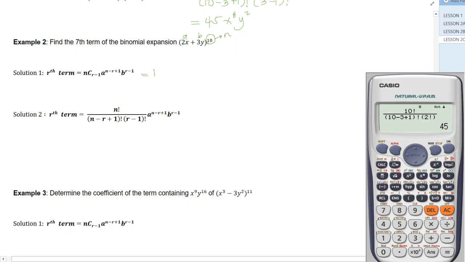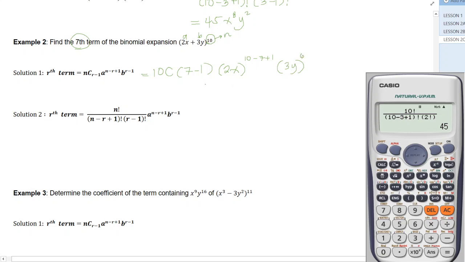That is your n, which is 10, and that is combination of r minus 1, since we are required the seventh term, that is 7 minus 1, multiplied by your a, which is 2x raised to n, which is 10, minus your r, which is 7 plus 1, times b. Your b there is 3y raised to r minus 1, that is 6.